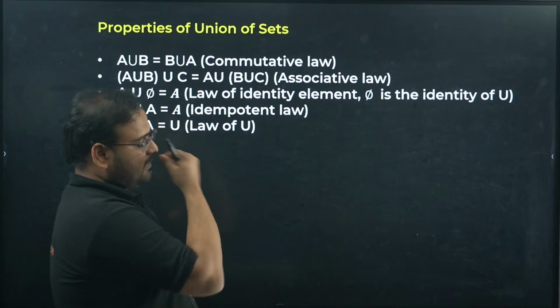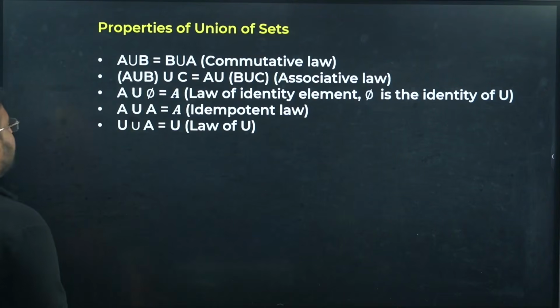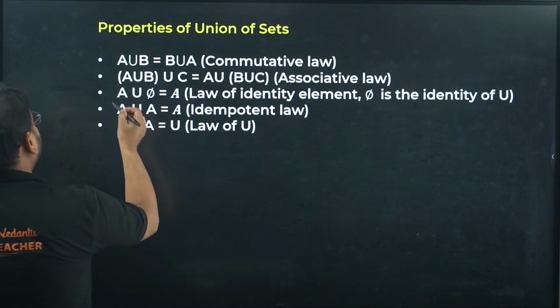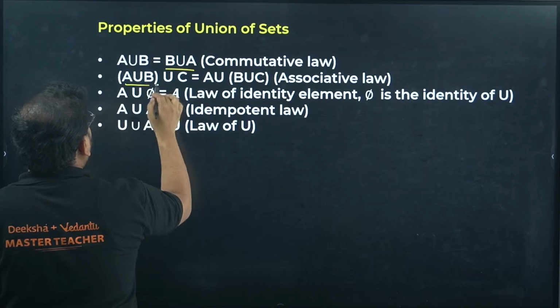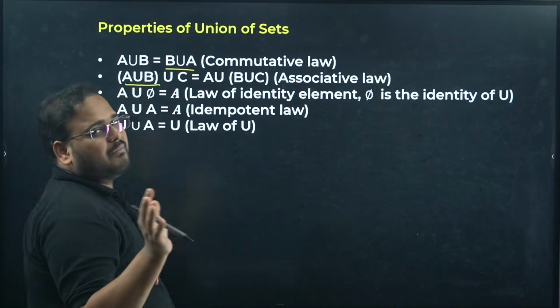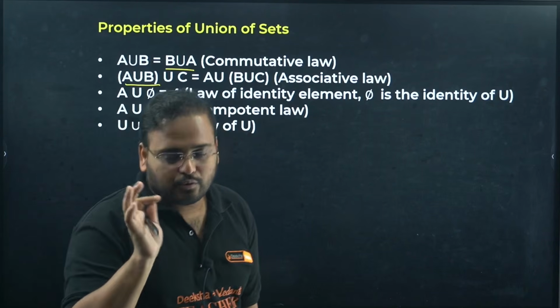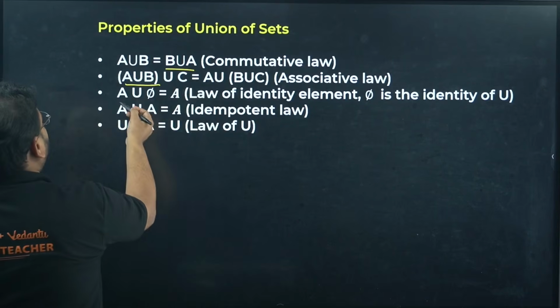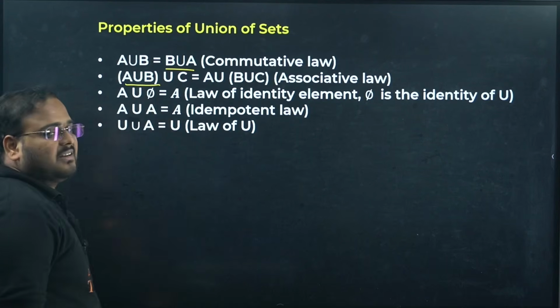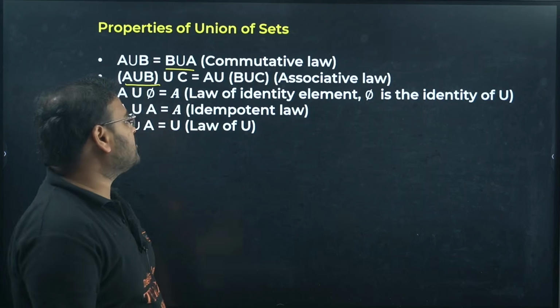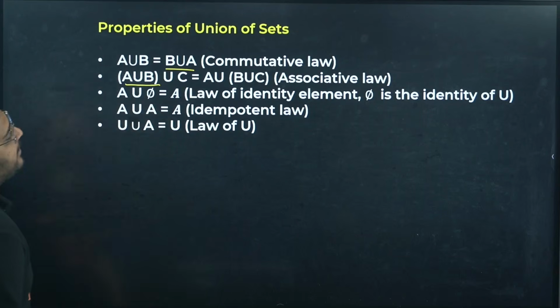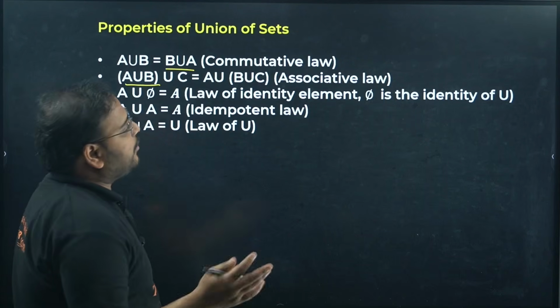Properties of union of sets. Commutative law means union of A and B is the same as union of B and A. A and B with union C can be taken in any other form, meaning the associative law is also true over here. If you take union of A and the null set, the result is simply the set A itself. It's called the law of identity element, and phi is the identity of union.